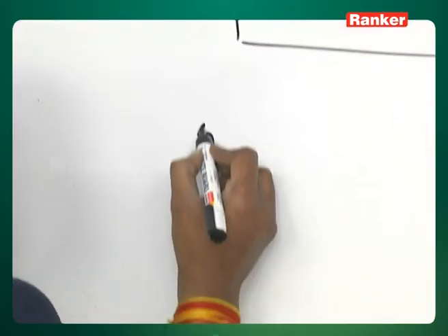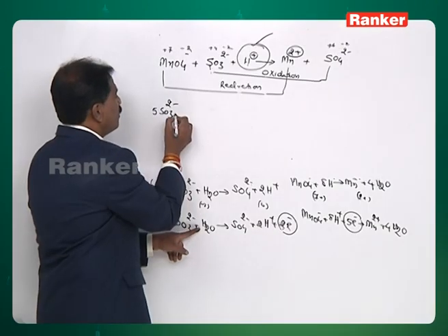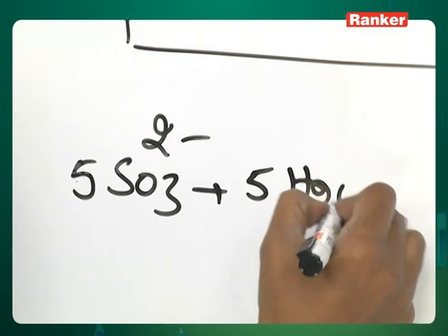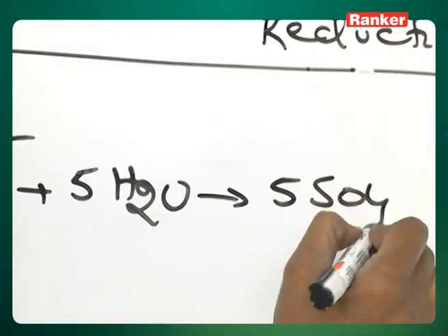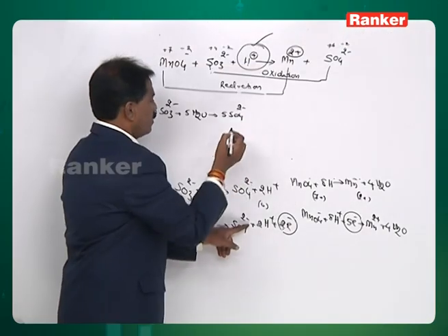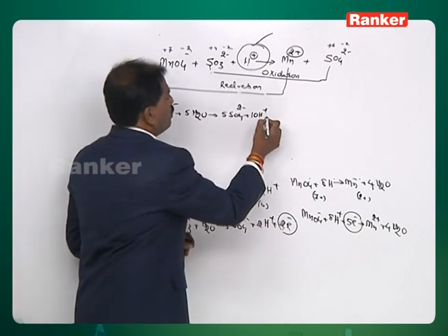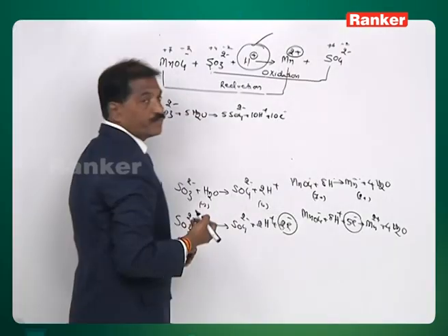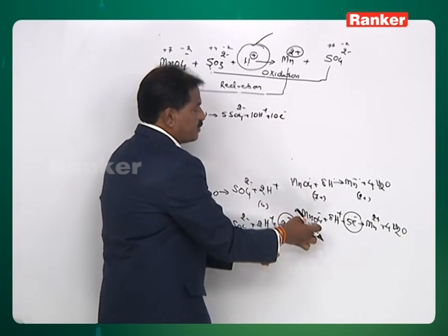The reaction becomes 5SO3 2 minus plus 5H2O gives 5SO4 2 minus plus 10H plus plus 10 electrons.